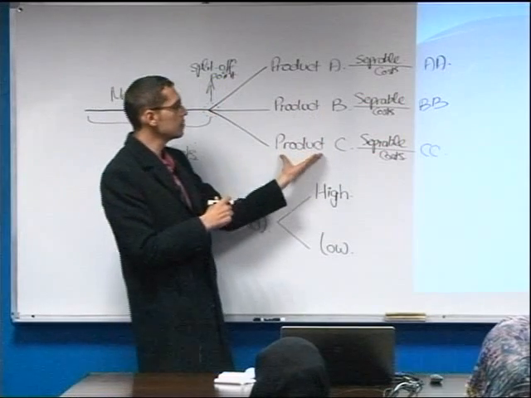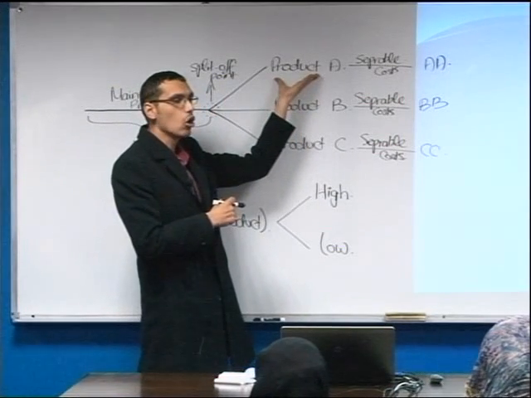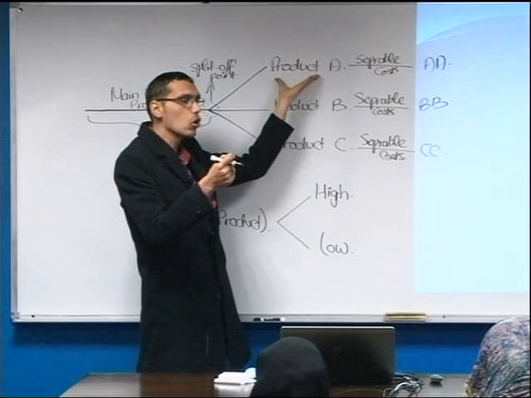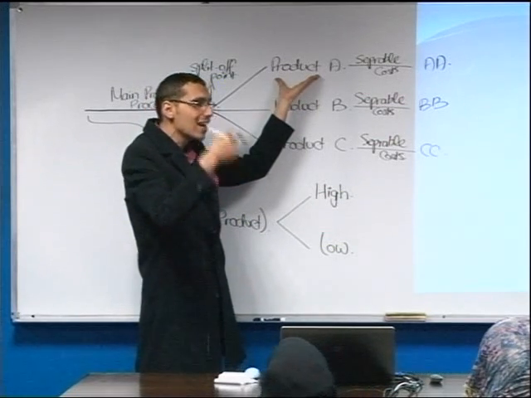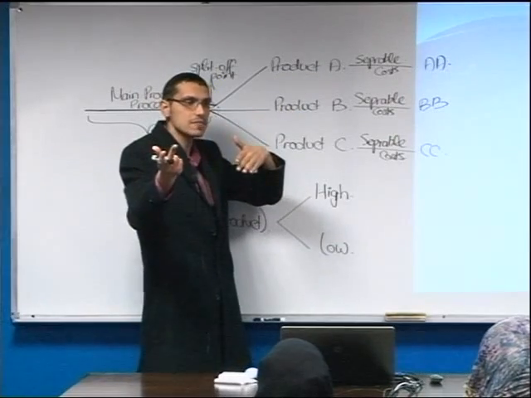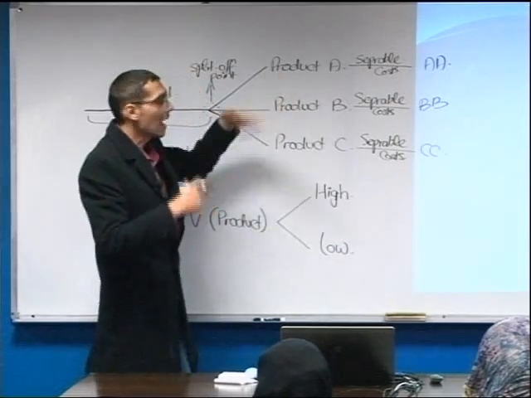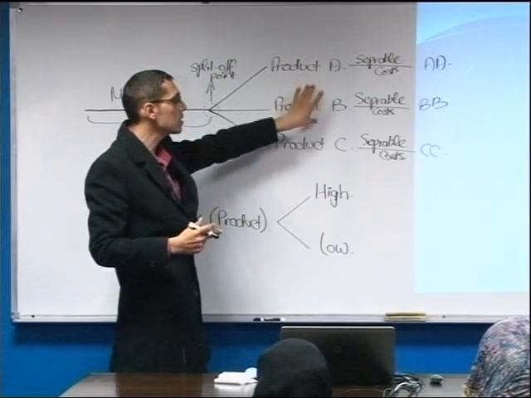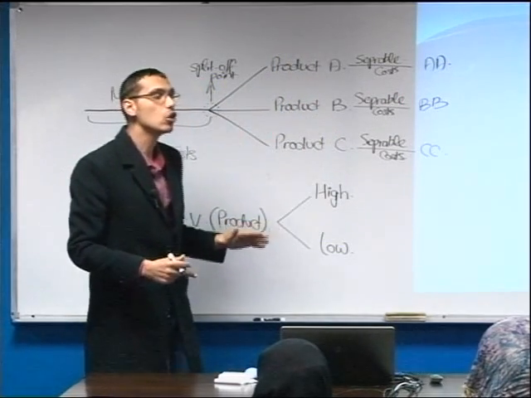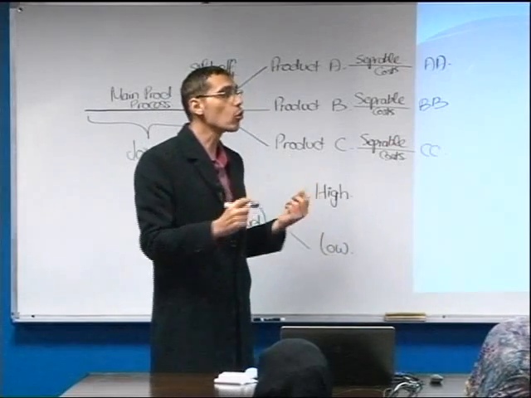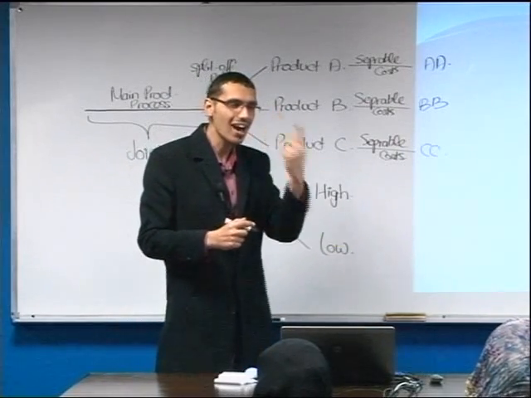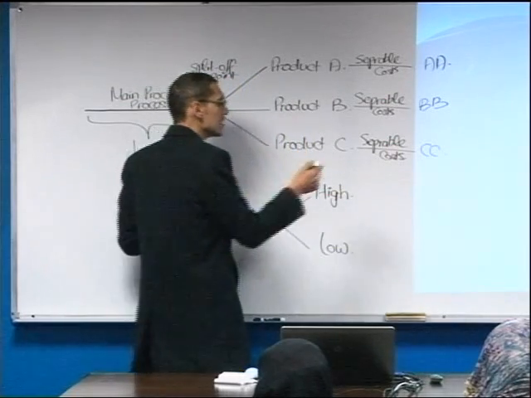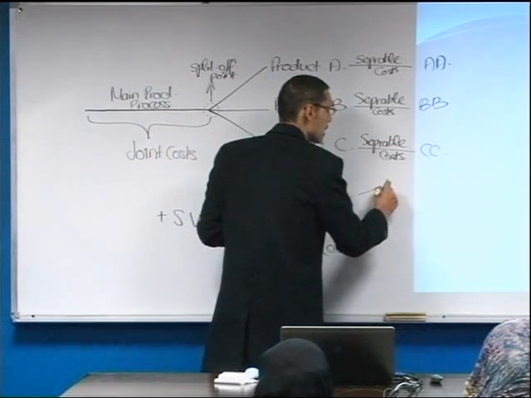Because as we said, the term product is not used unless these products have a positive sales value. Therefore, according to our example, product A has a high value, while product B and C have low values. Therefore, if we only have one high value product, that means that this product is called the main product.